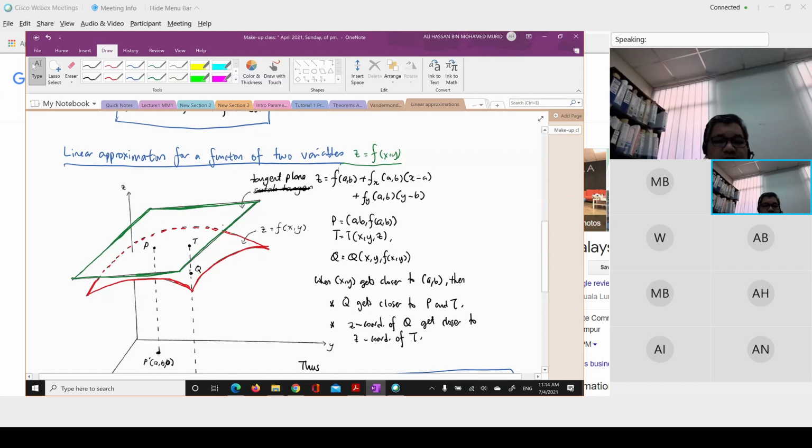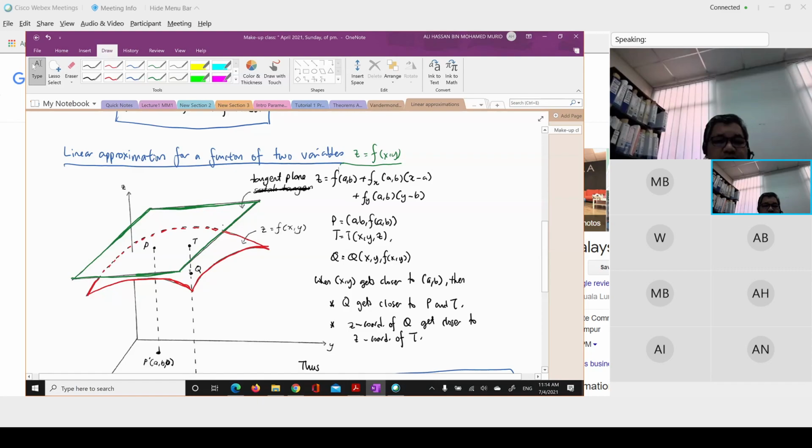Now it involves partial derivatives. Now if I replace x by a plus delta a and replace y by b plus delta b, assuming delta a, delta b are small, then we get this equivalent linear approximation formula here, right?